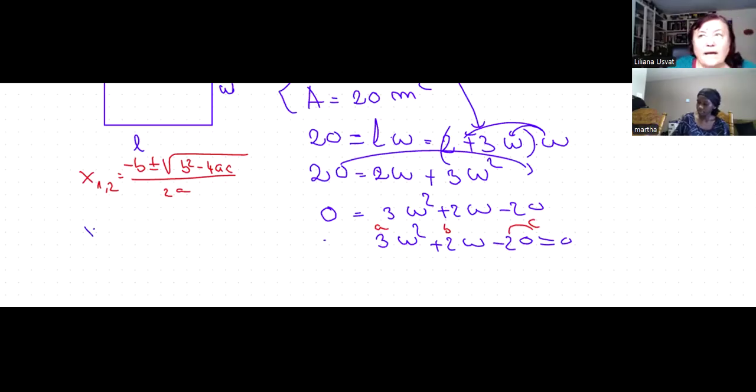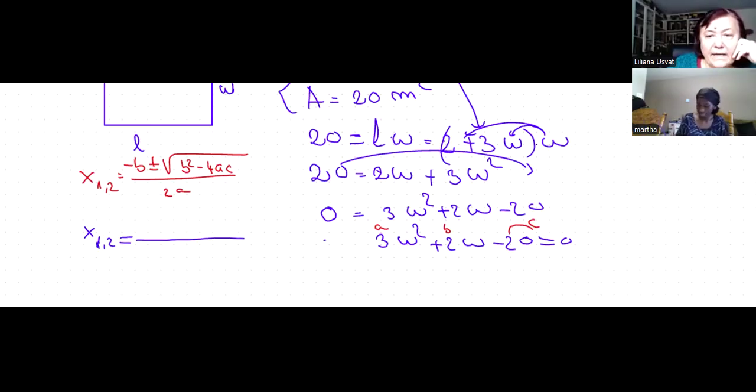X1,2 means x1 and x2, because being a parabola, an equation of second degree, we can have two different roots. And that's why we call them 1, 2.